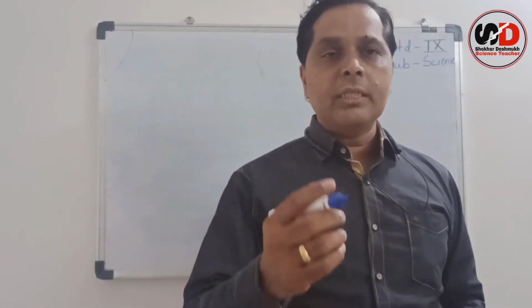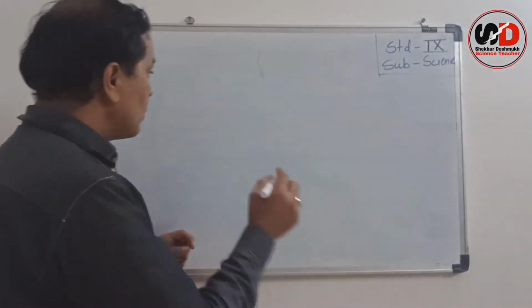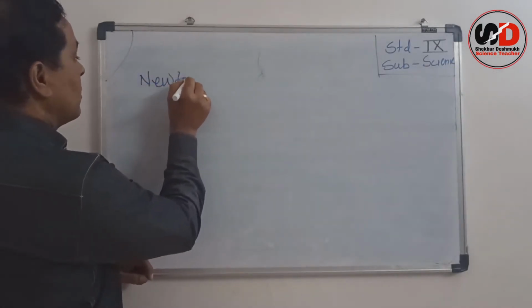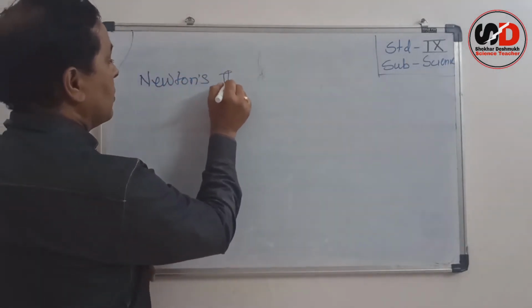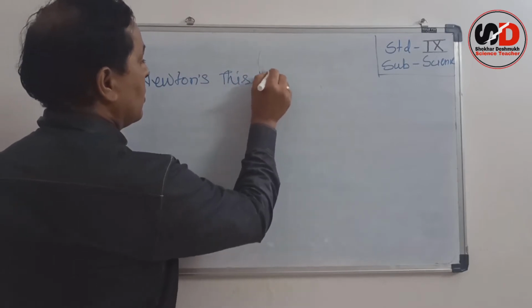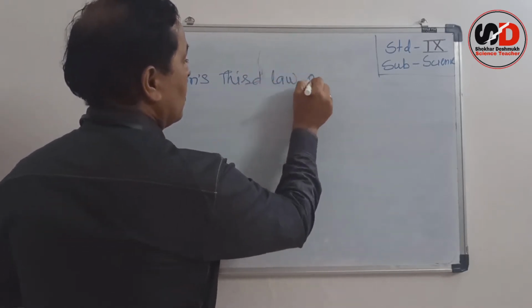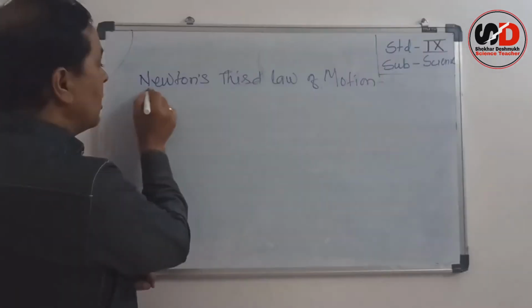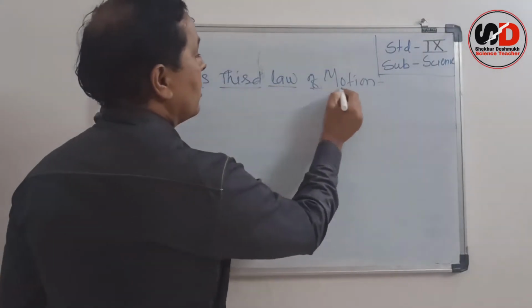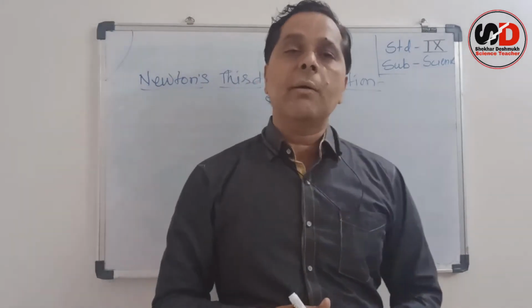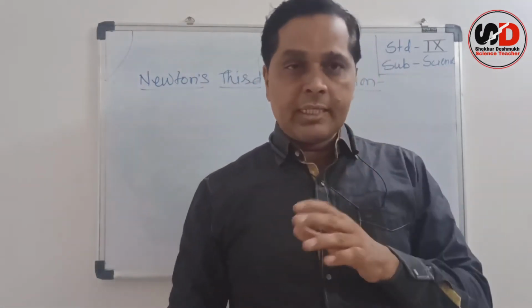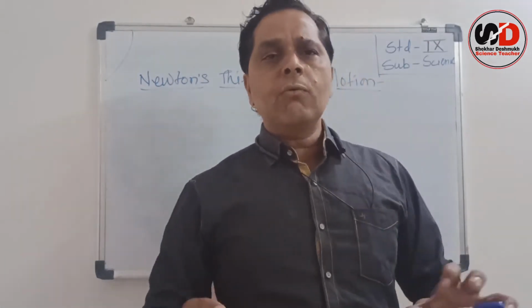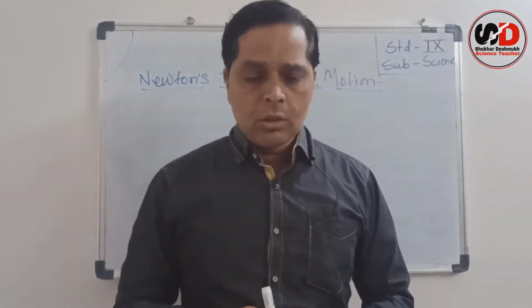So let us see what is Newton's third law of motion. It expresses this pair of forces, that is action force and reaction force. Let us see the statement of this law.